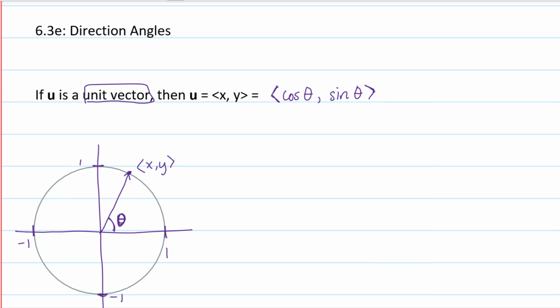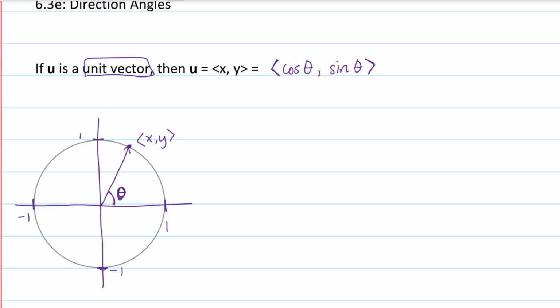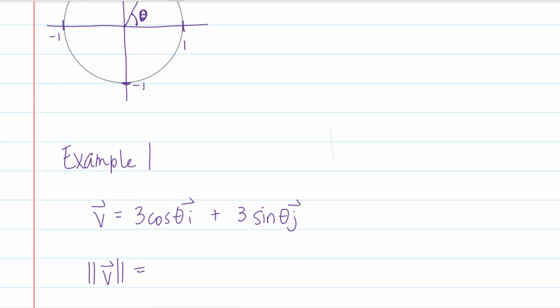And so now all of our vectors can be expressed in terms of sine and cosine. So all of that trig that you just learned actually has a purpose, and one of those purposes, I suppose I should say, is really tied up in the study of vectors.